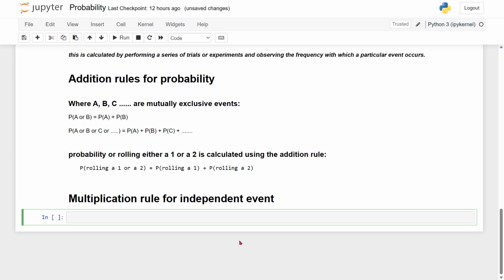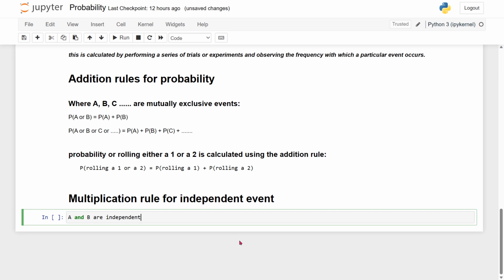If two events A and B are independent, meaning that the occurrence of one does not affect the probability of the other occurring, then the probability of both A and B occurring is the product of their individual probabilities.